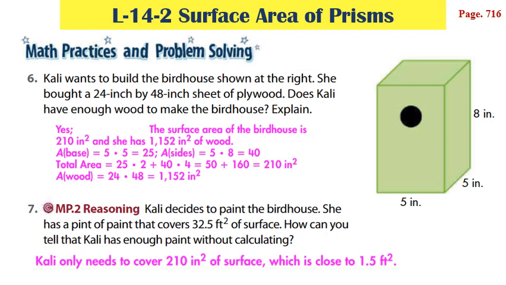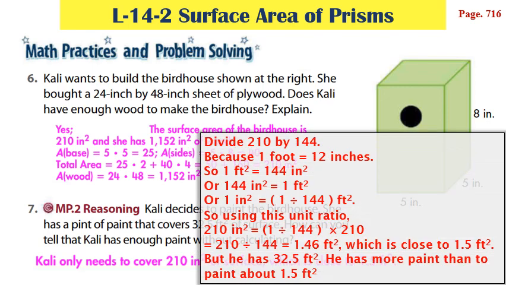How? Divide 210 by 144. Because 1 foot equals 12 inches. So 1 square foot equals 144 square inches. Or 144 square inches equals 1 square foot. 1 square inch equals 1 divided by 144 square feet.